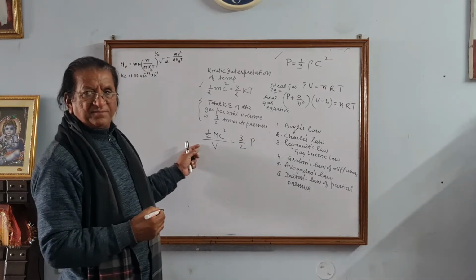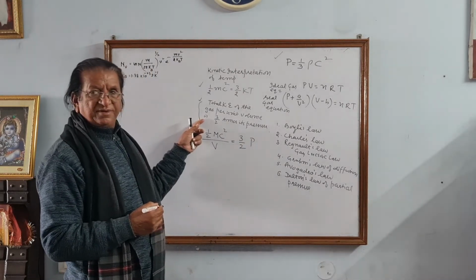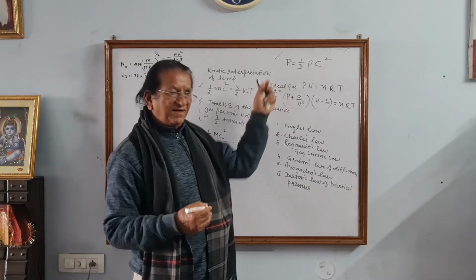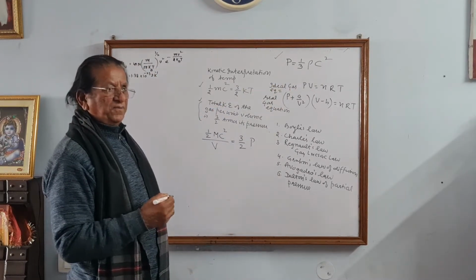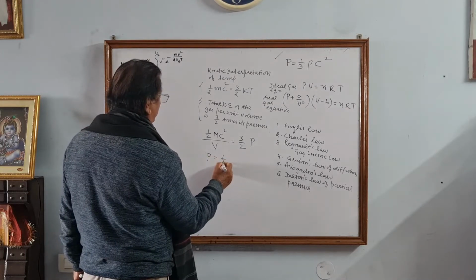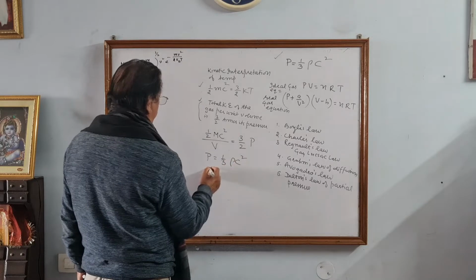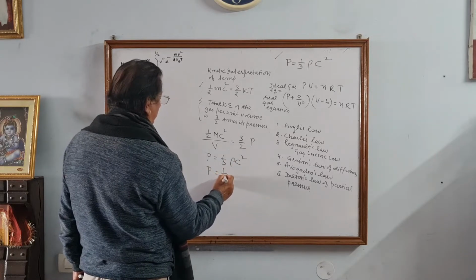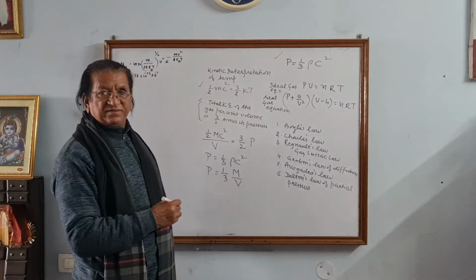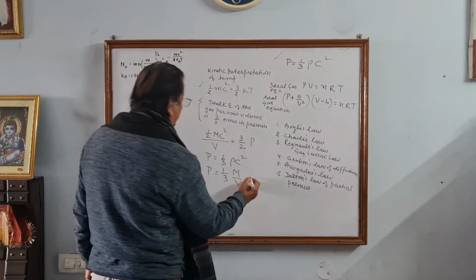This is the mathematical form of this statement, and this is to be deduced from this. How? We know P is equal to 1 by 3 rho c square. In the last class we had rho equal to density of the gas, which is mass upon volume, into c square.